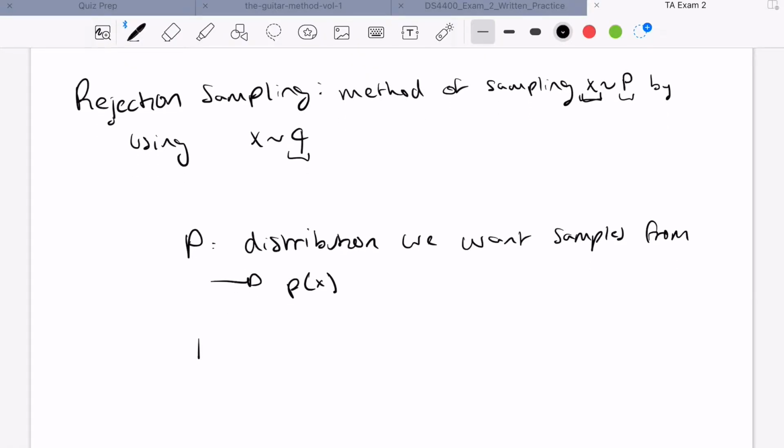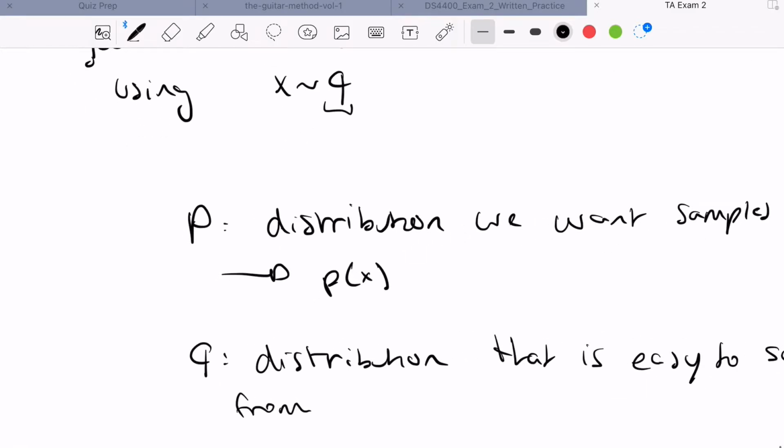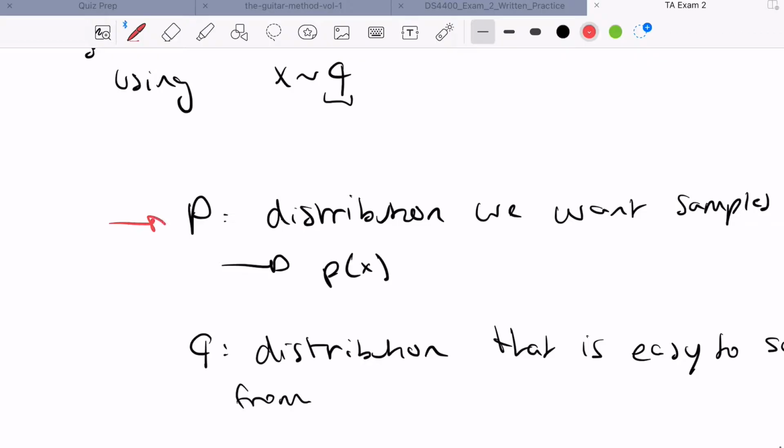The second thing is we need a Q, where this is a distribution that is easy to sample from. So something I didn't mention earlier, but one of the main use cases of rejection sampling is when we want to sample from P, but P may be hard to sample from.